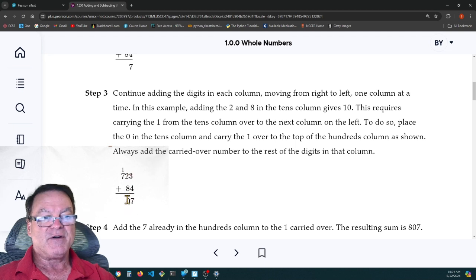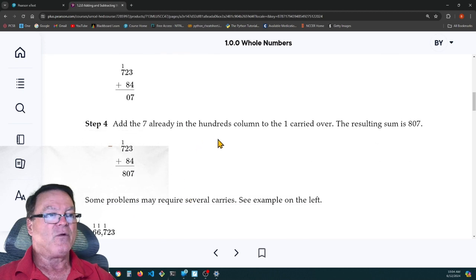So we write down the 0, and put the 1 up here in the hundreds column. Now 7 plus 1 equals 8 hundreds. Add the 7 already in the hundreds column to the 1 carried over. The resulting sum is 807.